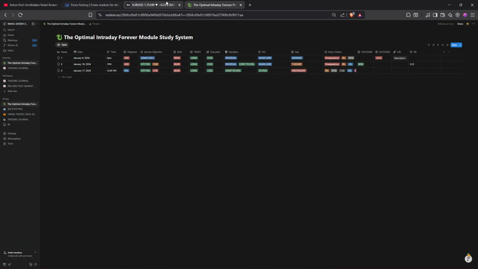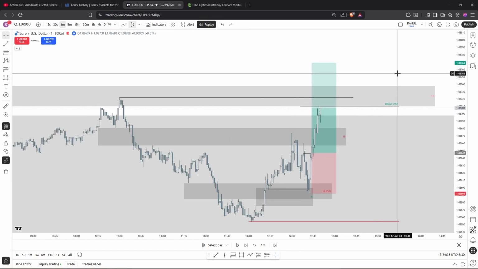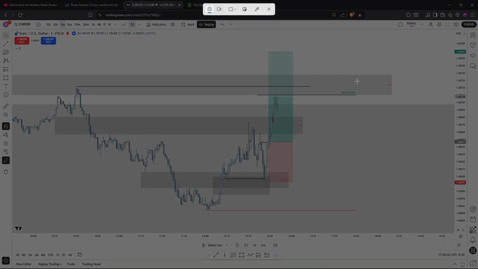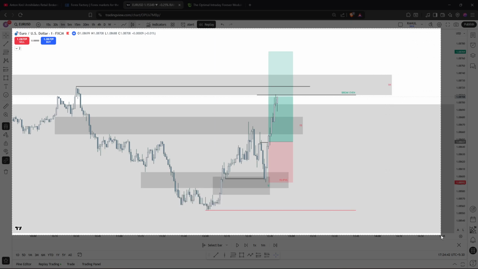So overall, I can put my stop loss to break-even here. Fantastic. I'll put my stop loss to break-even and close the position there.